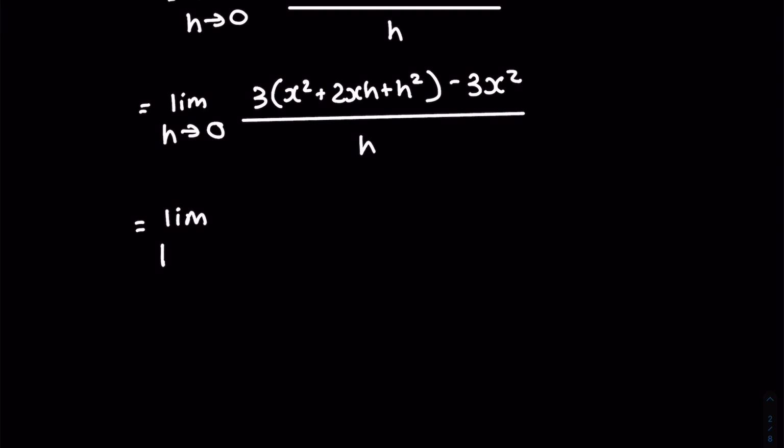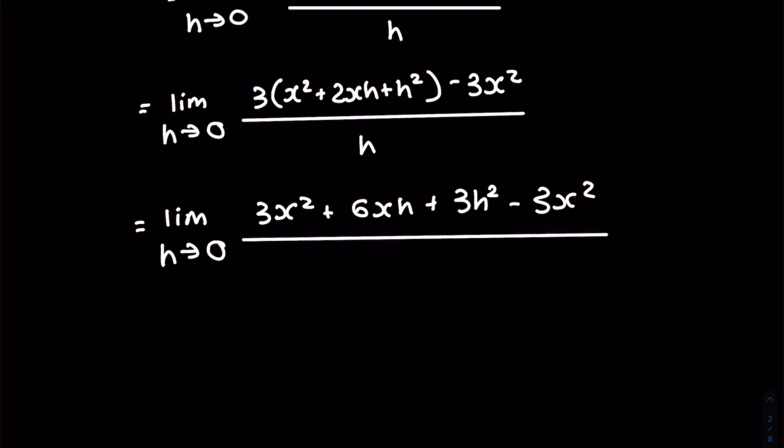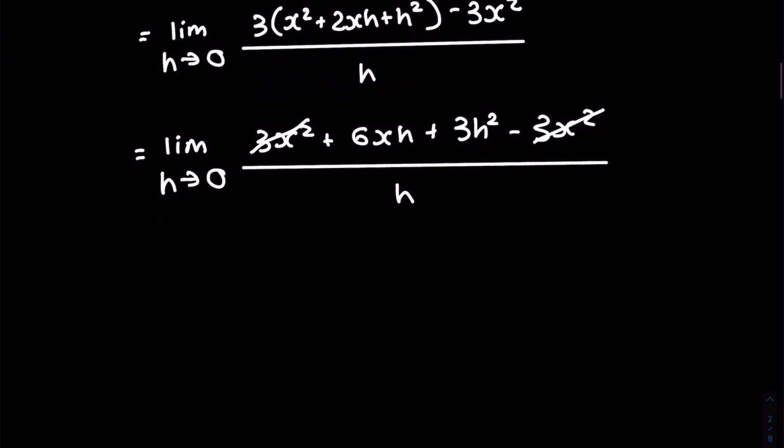So lim h tends to 0 of 3x squared plus 6xh plus 3h squared minus 3x squared, all on h. So now we can see our 3x squareds are able to cancel, since we got 3x squared minus 3x squared. And now we have everything that is divisible by h.